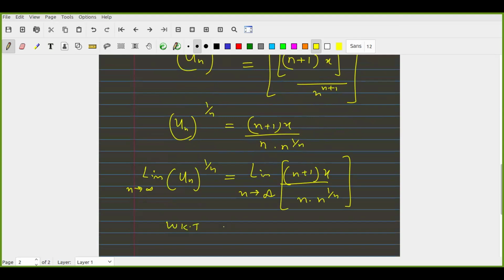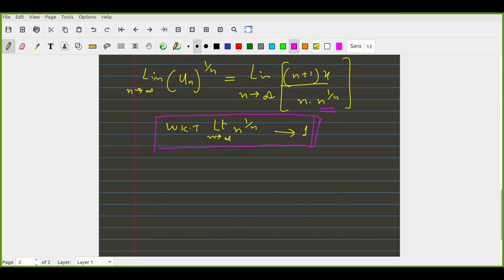We know that this term, which you may feel is a problem creator, n power 1 by n, as n tends to infinity, we have checked in the study of sequences that this tends to 1. This is a small bit of information which we are going to use.